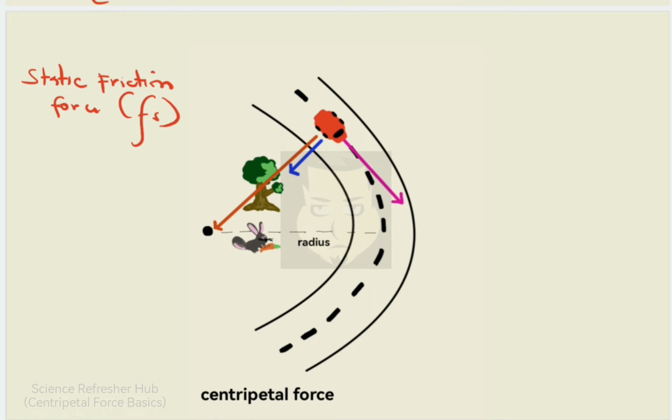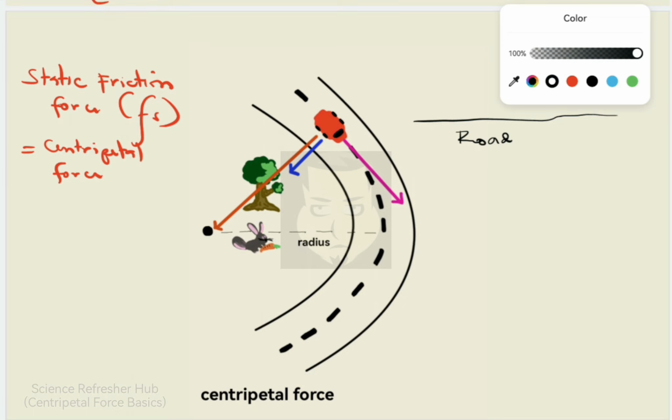The static friction force is our centripetal force in this scenario. Let's say, for example, we have a car, and this is the road, and you have the tire.